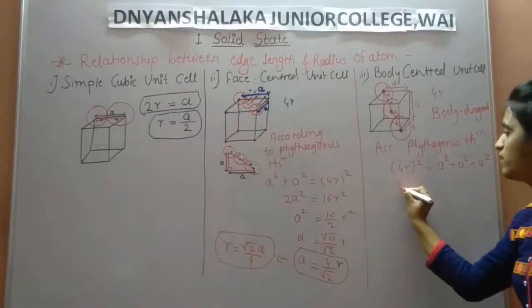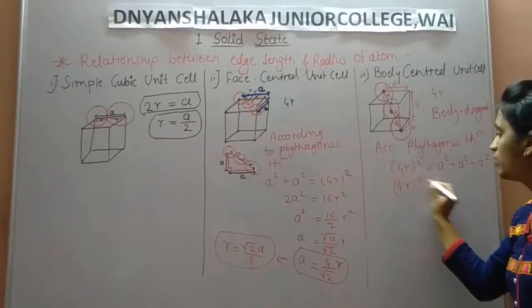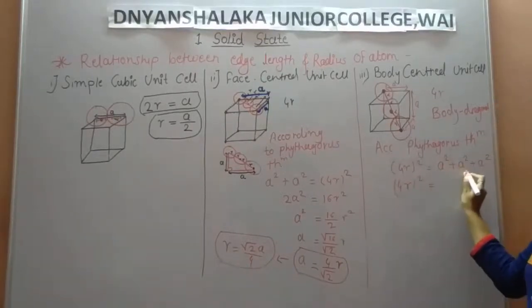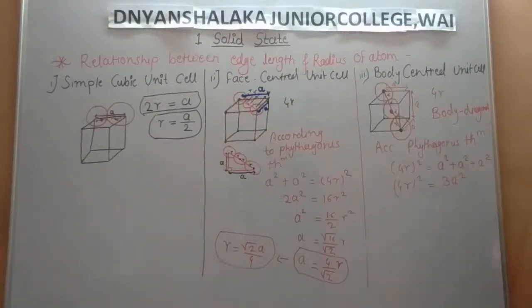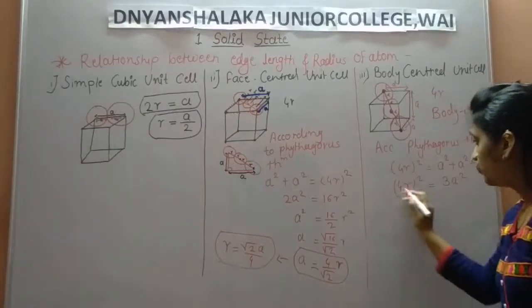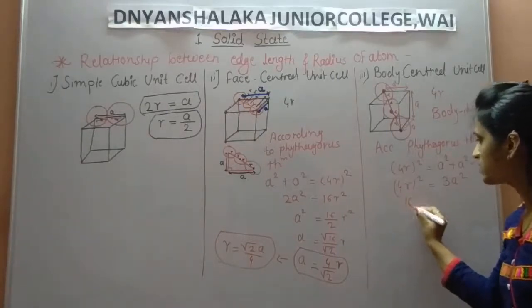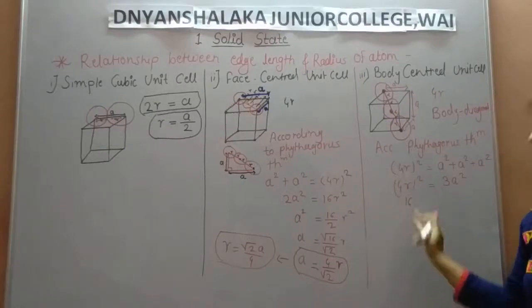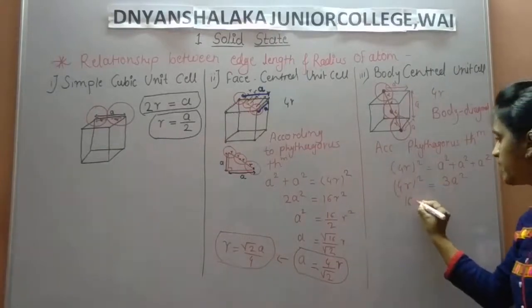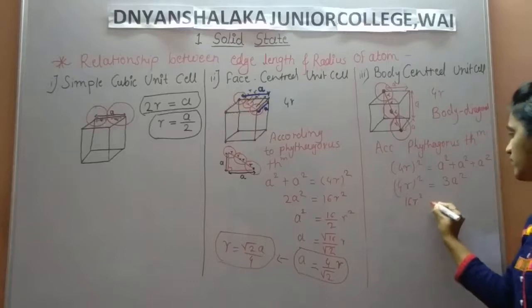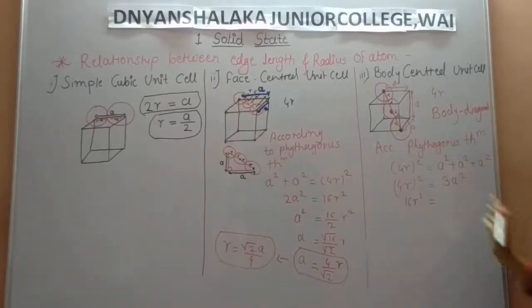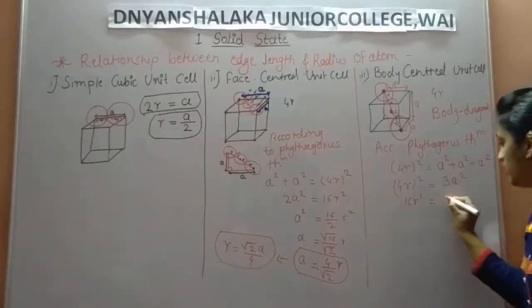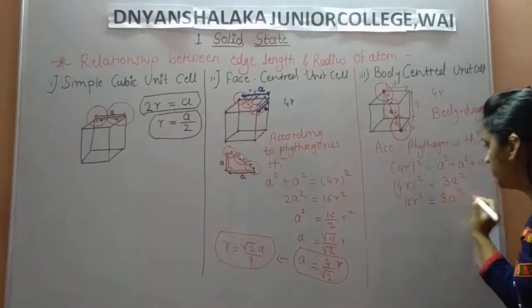So 4r whole square is equal to a square plus a square plus a square, we get 3 times a square. So 4 square is equal to 16, the whole bracket squared, so 16 r square, and 3 stays as it is, the square only for a, the edge length. So 3 into a square.